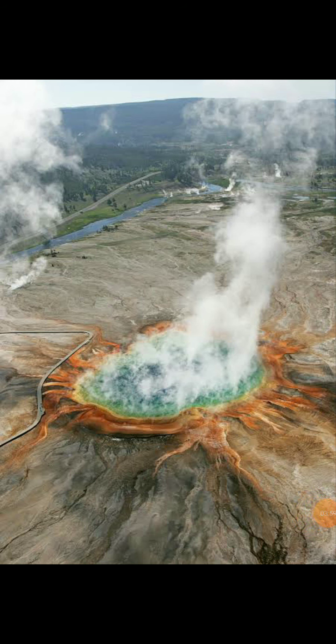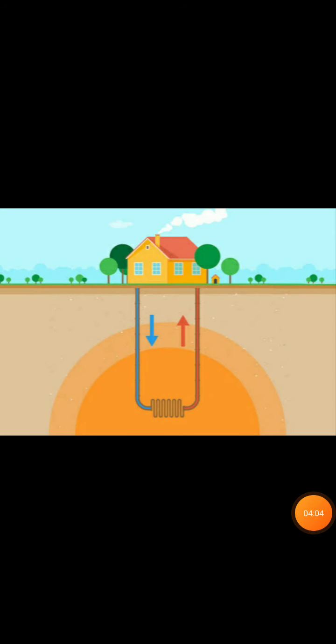So we have talked about hot spots and hot springs. Now let us talk about geothermal energy. Now what happens? The steam which is trapped in the rocks is routed through a pipe to a turbine. You can see in the figure, this is the geothermal energy setup wherein there are pipes connected to a turbine.